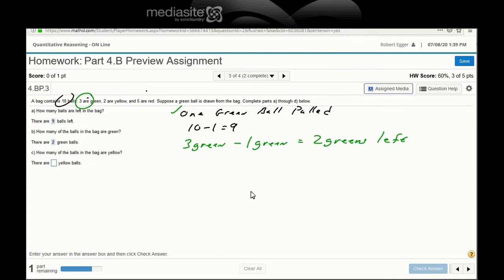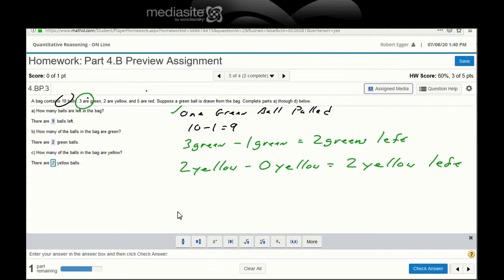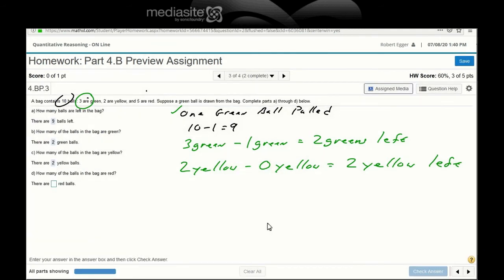Let's see, we started with 2 yellow, took out no yellow, so 2 yellows are left. And how many are red? Again, we start with 5 red. Remove no reds, so 5 red left.